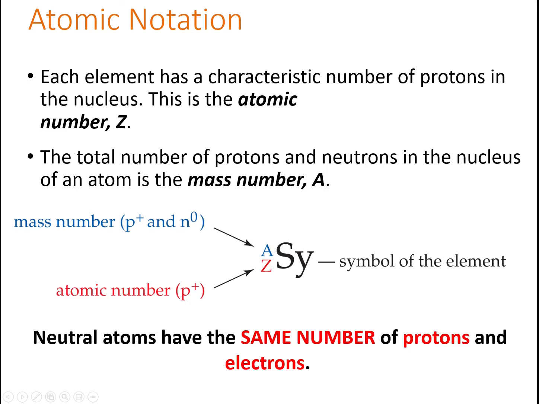Now we'll move more into the concepts. So you'll need to know that little bit of history and how things led from one thing to another. Now we're going to talk about atomic notation and the periodic table and some other things. So each element on the periodic table has a certain number of protons.